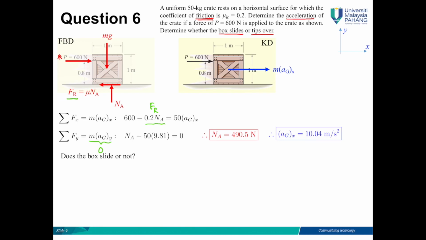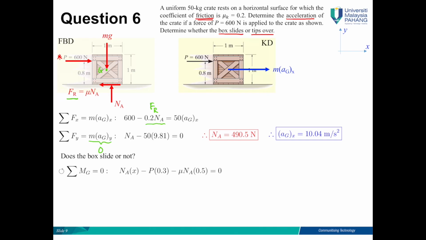So how do we determine this? We will use the third equation, that is the moment equation. In this case, assuming that it is sliding, the moment will be equal to 0 because there is no rotation. Now when we want to calculate moment, point G is over here.